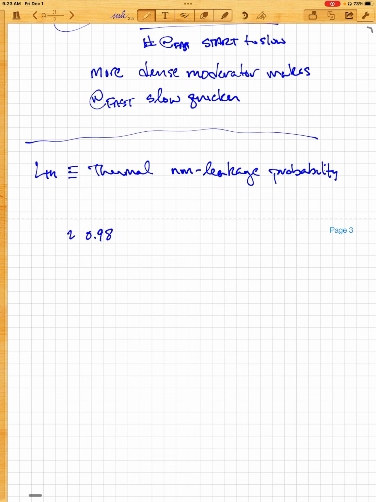So about 2% of the thermal neutrons that are created, all the fast ones that make it to thermal, about 98% of those stay in the core, and about 2% leak out. This number's pretty much negligible. Plus, you can't do anything with it anyway because you're not God. Again, God made the reactor, not you. So we'll just move on from the thermal non-leakage probability.